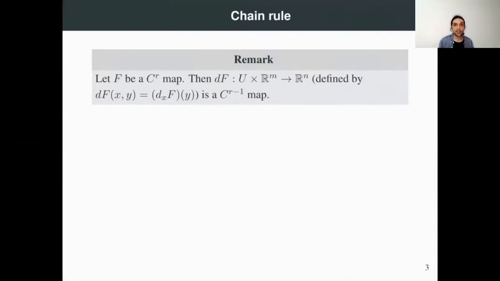Something that is interesting even in this Euclidean case is what happens if f is a C^r map.